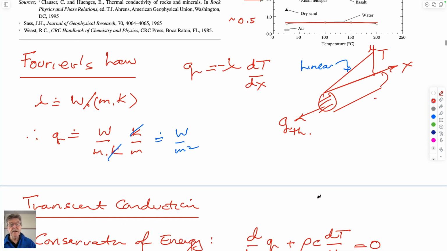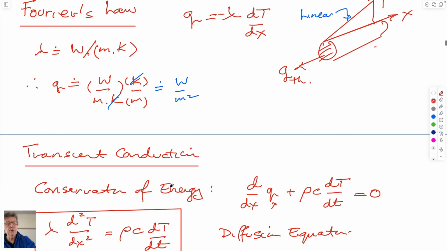The description of Fourier's law is just this, that the heat flux is related to conductivity times the gradient. I guess we already did check the units of this. If you take the units for thermal conductivity, you take the units for temperature, and you take the units for length of which it occurs, then Kelvin drop out and it becomes energy per unit area.